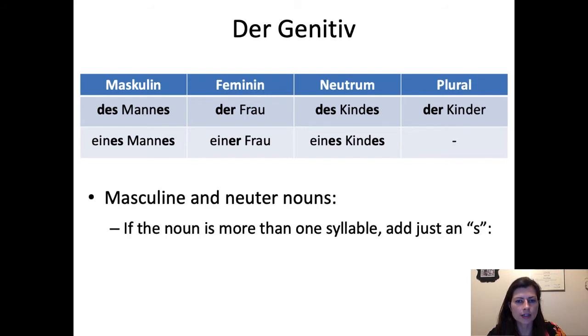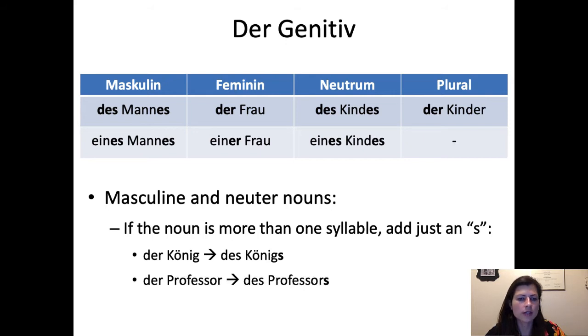But if it is more than one syllable, then you just add an s. So König is two syllables, so des Königs, just one s. Der Professor becomes des Professors. Mein Professor becomes meines Professors. We'll see the possessive takes that same ending as the indefinite article, which we will go over in just a moment.